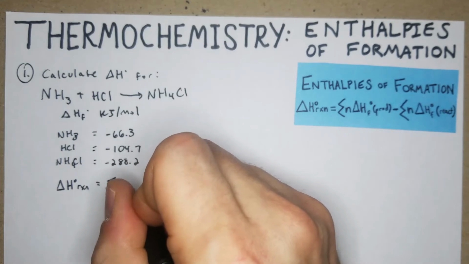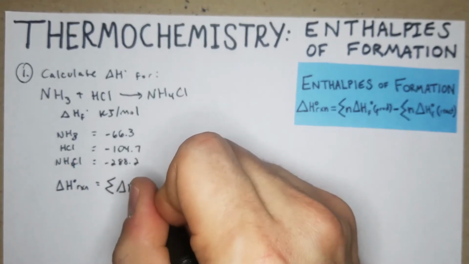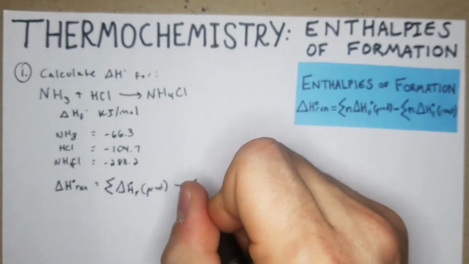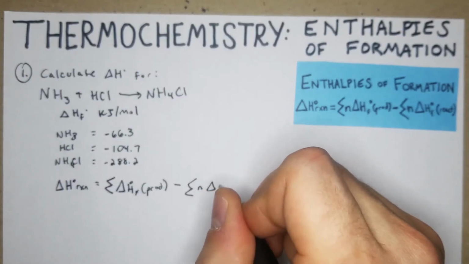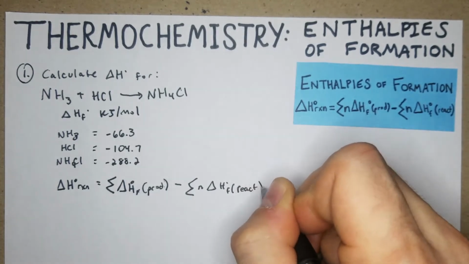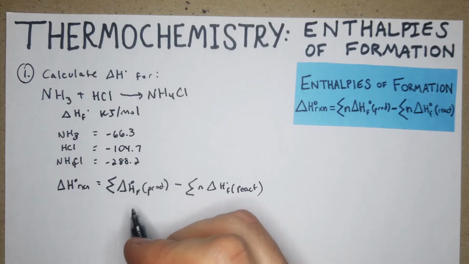For the first one, I'll write out the formula. Delta H of formation: summation of products minus summation of reactants. And now we'll just move those in.